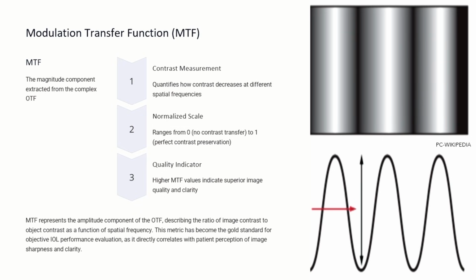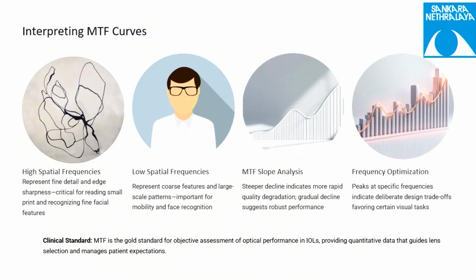Then we come to modulation transfer function. This basically deals with just the contrast or the amplitude part of the OTF. It's basically talking about how rich a patient's vision is going to be after implanting a particular IOL. And when we talk about OTF or MTF, we always talk in terms of spatial frequencies. So what are spatial frequencies?